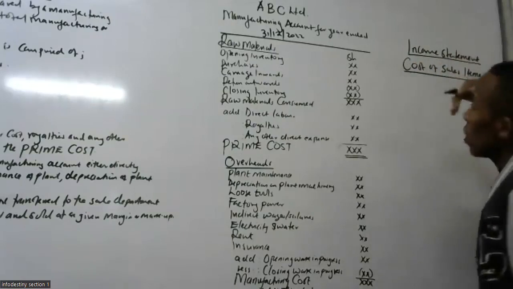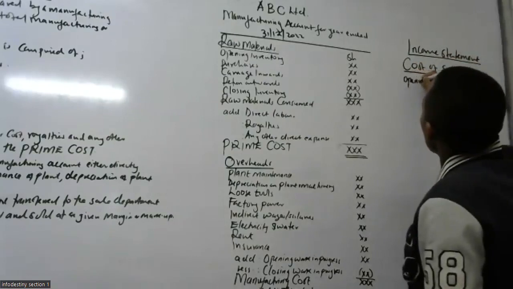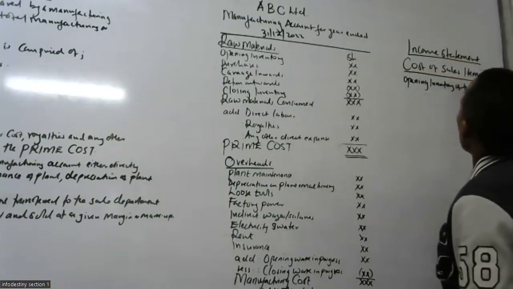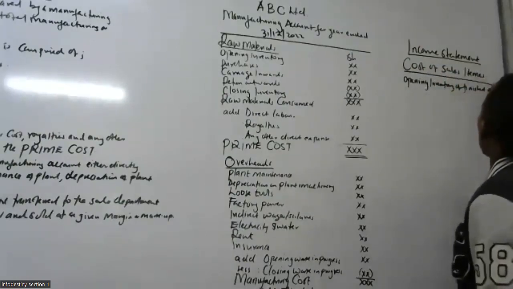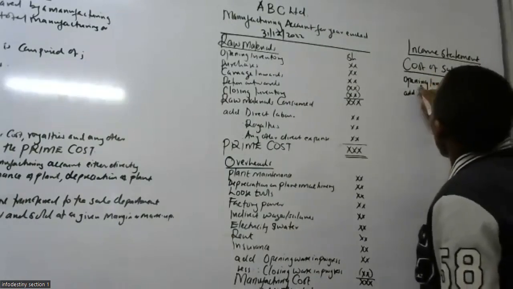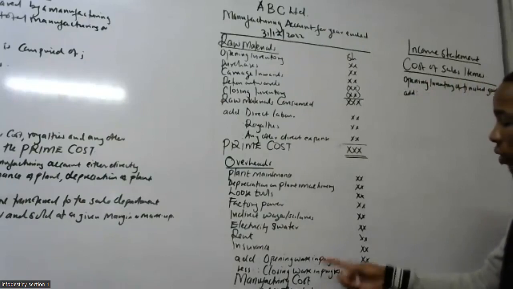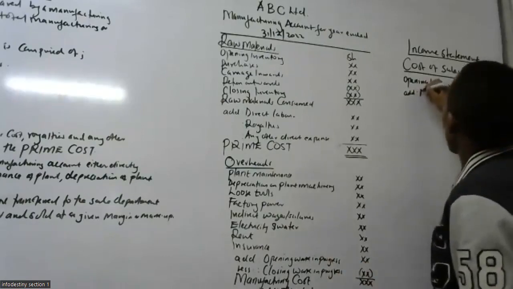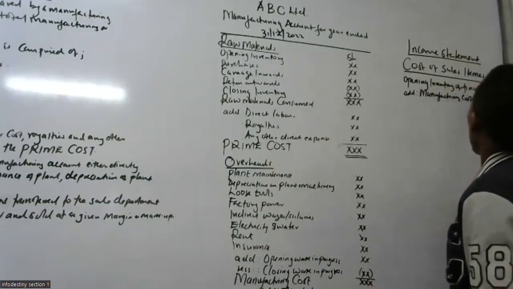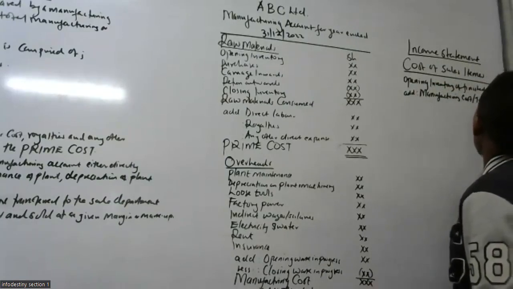The sales, we less the cost of sales, and the cost of sales is made up of the opening inventory of finished goods. Then you add either the manufacturing cost, or if the goods were sold, the transferred value.